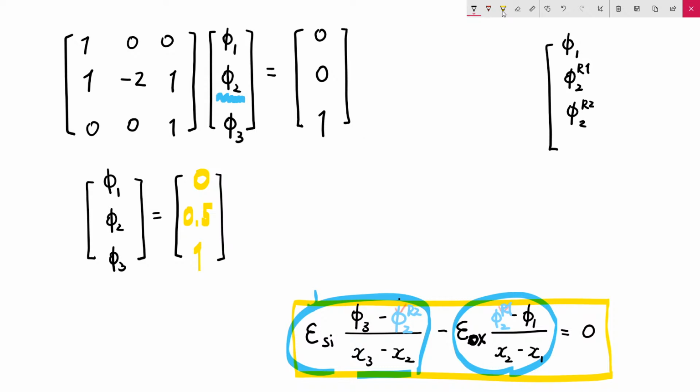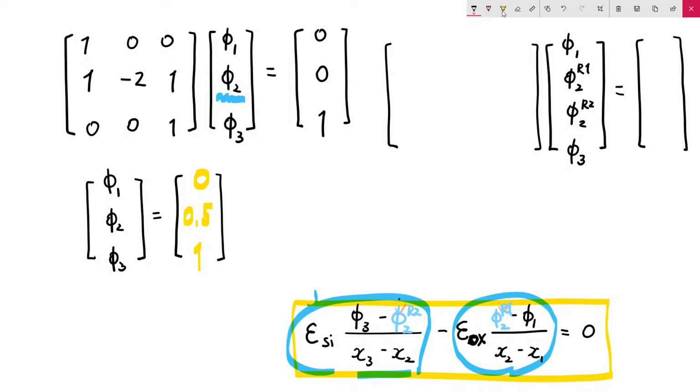So now we have 4 different variables, and we have a 4 by 4 matrix, and also we must have the right hand side.